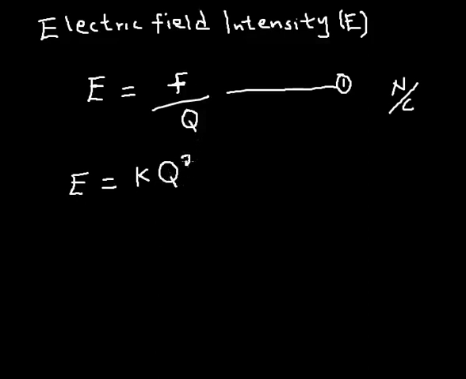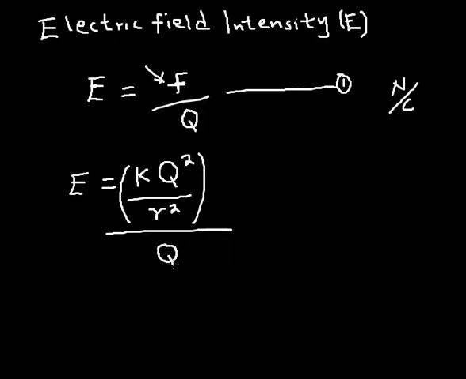Then divide by the charge, so q cancels, to give me just Q. So electric field intensity can also be expressed as KQ divided by R squared.